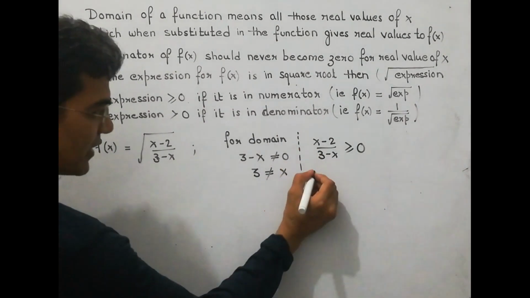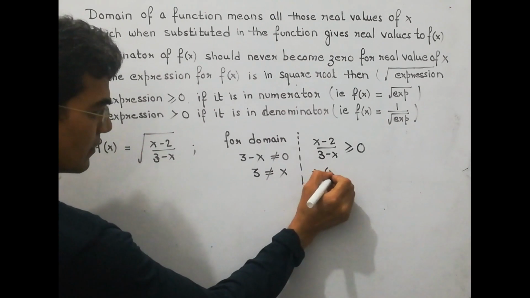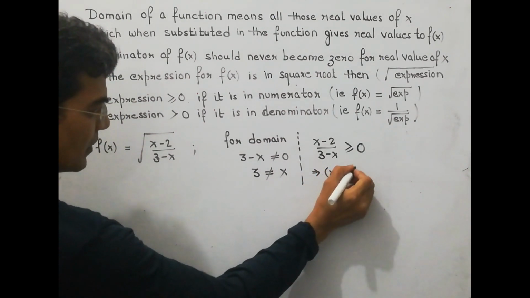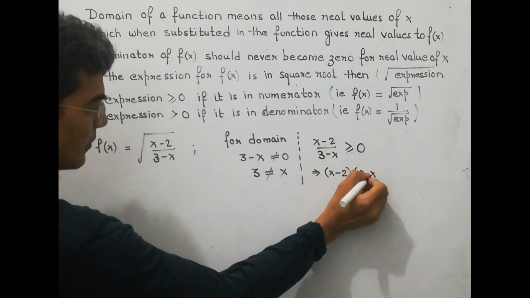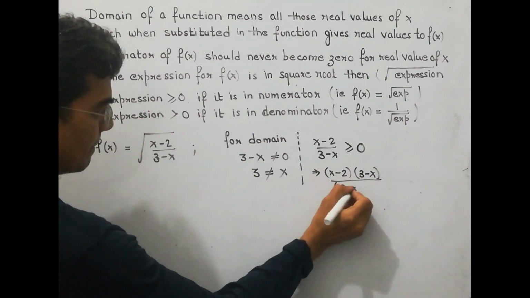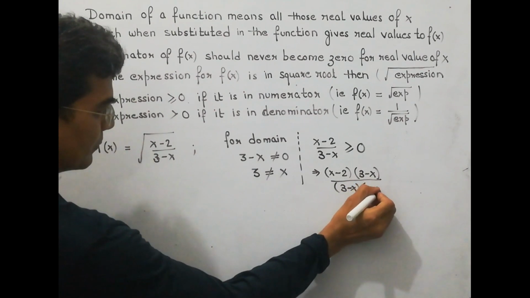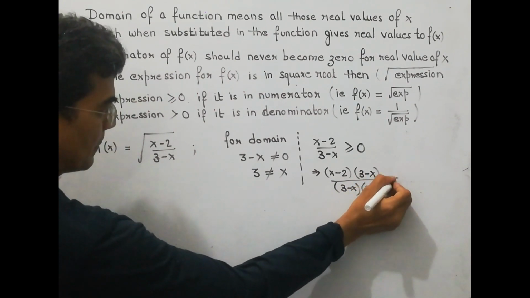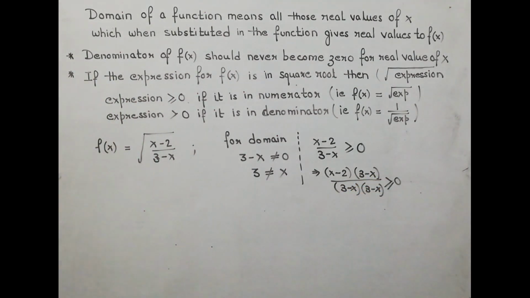Now see, how can we write it? I am multiplying and dividing the left side by 3 minus x.